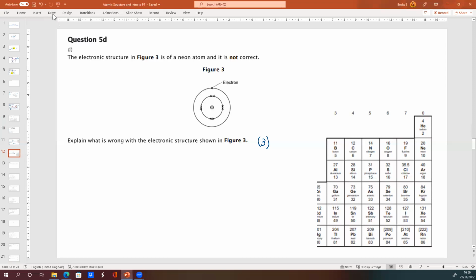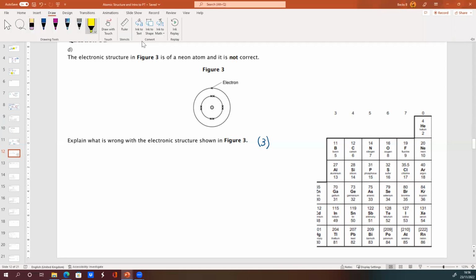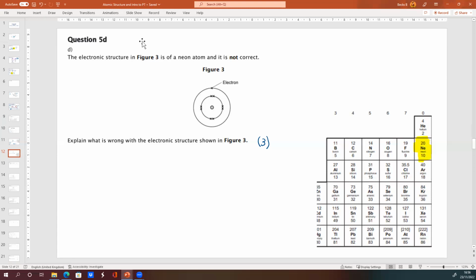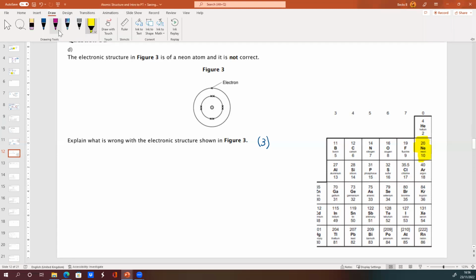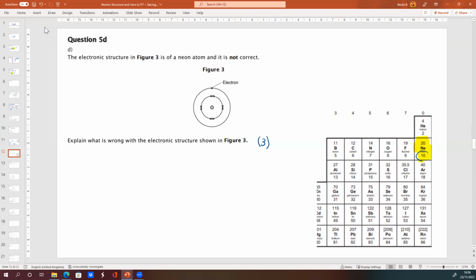Okay, so let's find ourselves in the periodic table. Neon, we're over here. If we're looking at the bottom number that tells us the number of electrons, neon has 10 electrons. I can see straight away that I've got 8 electrons in that first shell, so that's incorrect. And then we've got 1, 2, 3, 4, 5, 6, 7, 8, 9 electrons rather than 10.